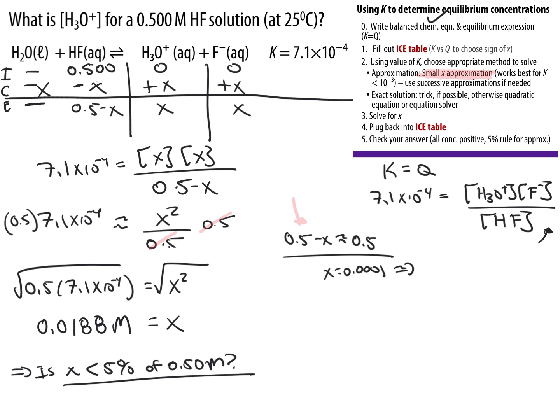So we can do that comparison. 5% of 0.5 is 0.05 times 0.5, which is 0.025 molar. 5% is 0.05, so our judgment here: is x less than 0.025 molar? Yes, it is. It's not much less, but it's a little bit less than that. And therefore, that was a sign that x is in fact pretty small.